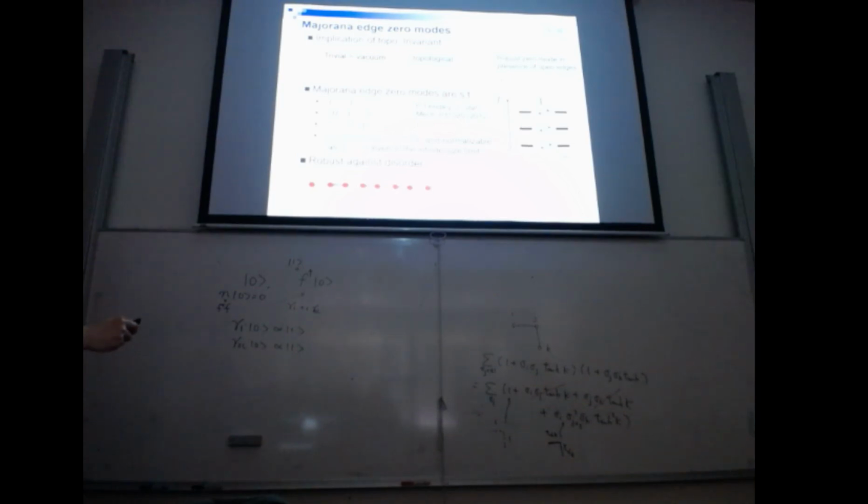Anyway, here I'm considering an inhomogeneous version of the model where the hoppings are spatially dependent. But even in this case, you can construct a Majorana zero mode, which looks like this.